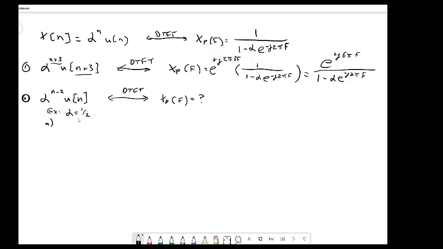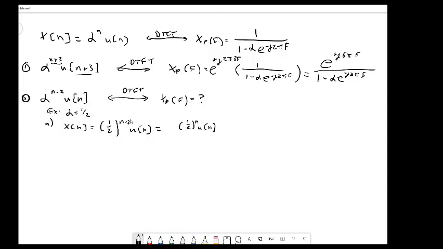And so if our x of n then was 1/2 to the n minus 2 u of n, I need this to be an n, or I need this to be an n minus 2. Let's make this an n. So this is like 1/2 to the n u of n.